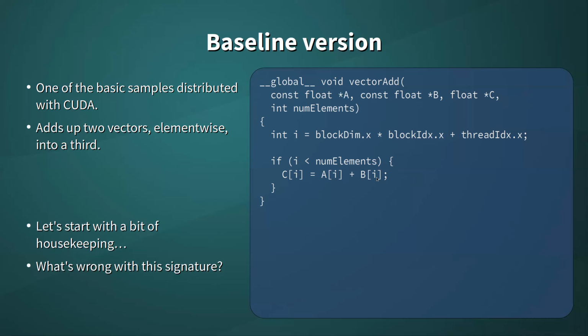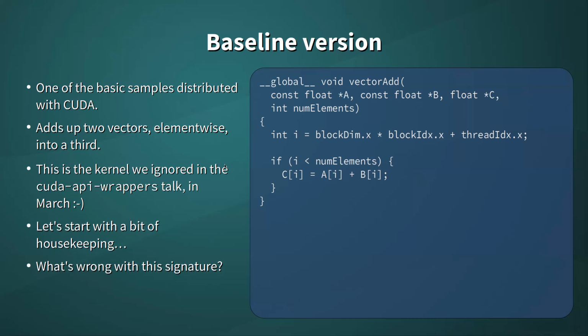So the ith element of B and the ith element of A are added up and go into the ith element of C. And like I said, we're going to gradually modify this kernel. The first modification is still not using anything from my library.